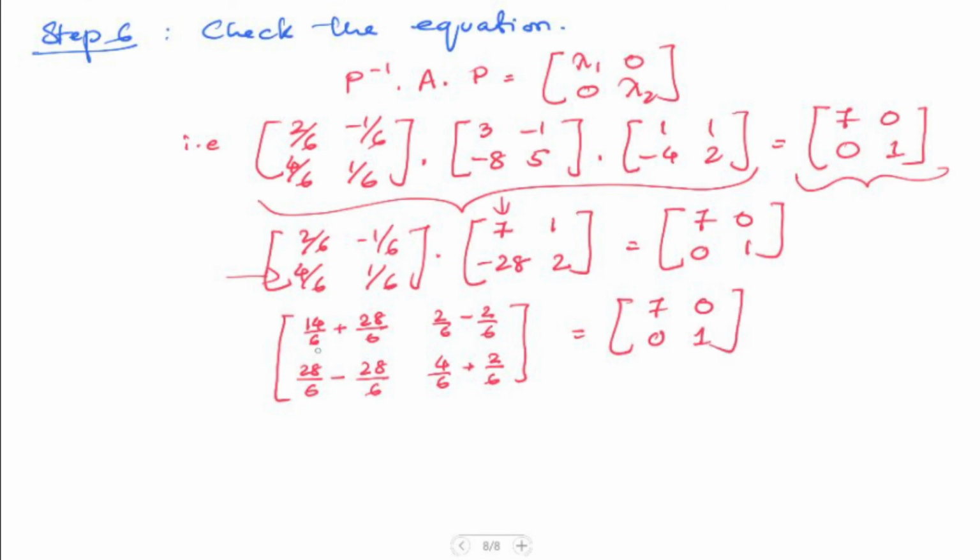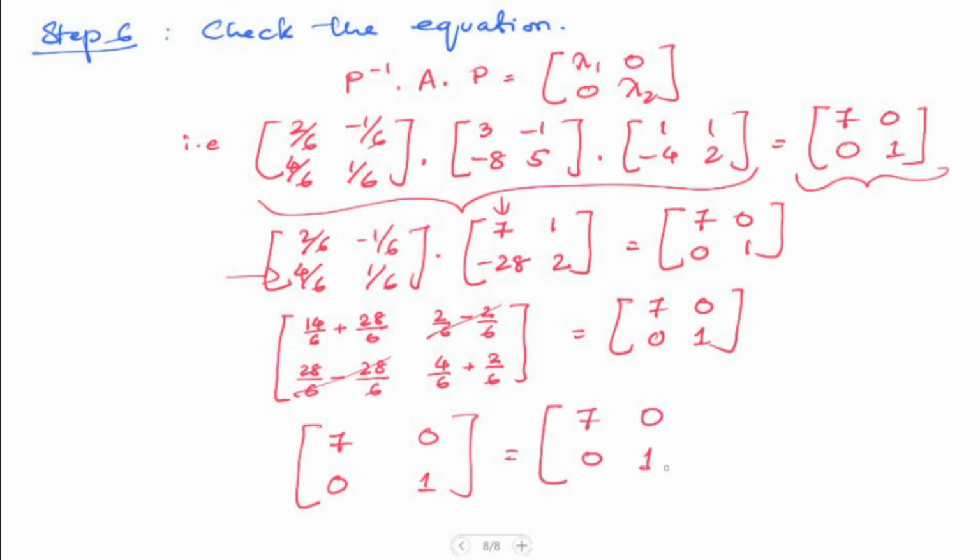Now here you have 14 over 6 plus 28 over 6, that would be 42 over 6, that's 7. And here this would cancel out to become 0. And here again 2 over 6 minus 2 over 6 is 0. And 4 over 6 plus 2 over 6 is 6 over 6. So that's 1. And as you can see here, we got it.